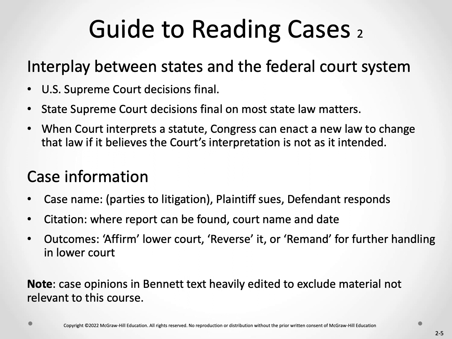A citation is where the report can be found in terms of court names and dates. And so you have a really great list of items in chapter 2, pages 54 and 55 that talk about the U.S. Supreme Court reporter. And so that has a certain notation. So, for example, you might see a citation that says 72 U.S. 544, 2002.